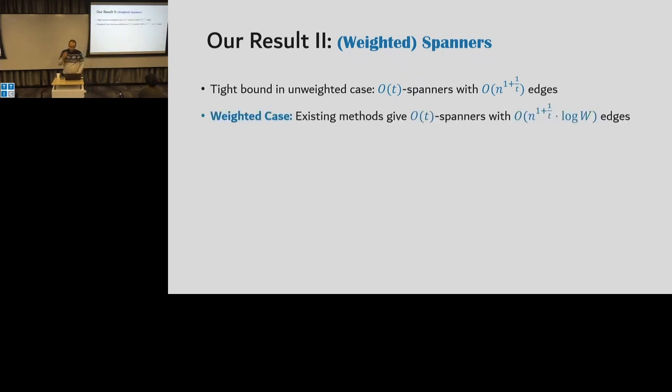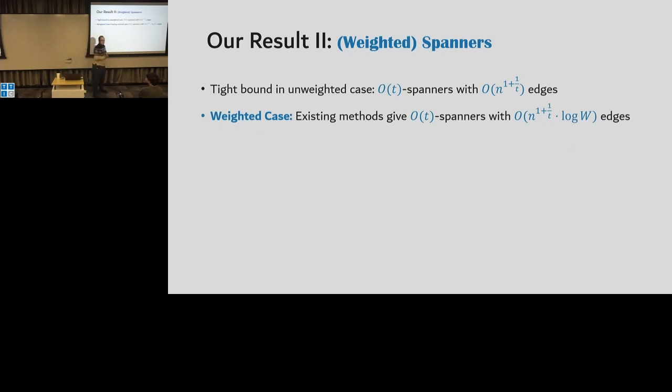But for the weighted case, it's a bit different. It's still easy, using existing methods and some standard bucketing, to get an order t spanner using n to the 1 plus 1 over t times log W edges.